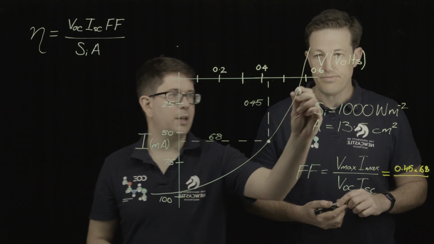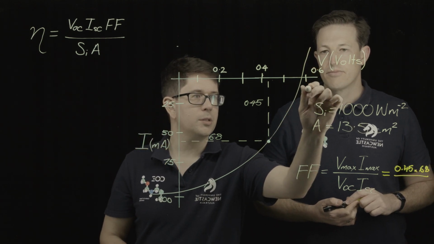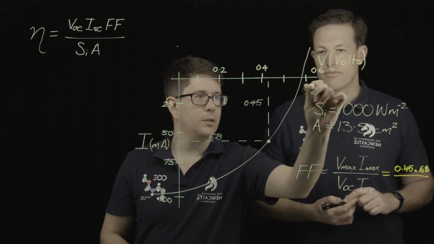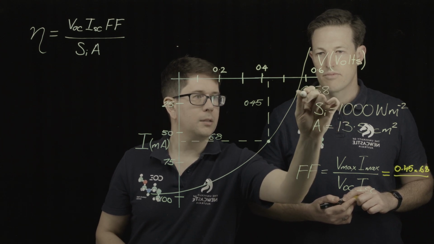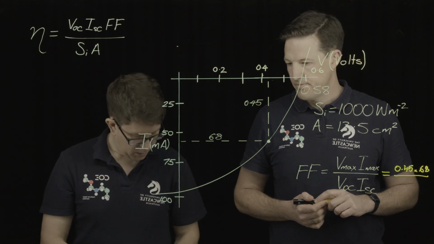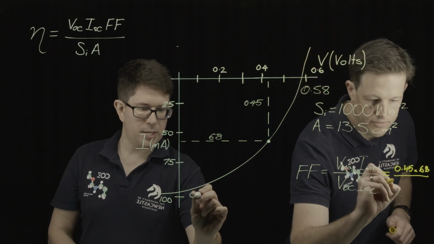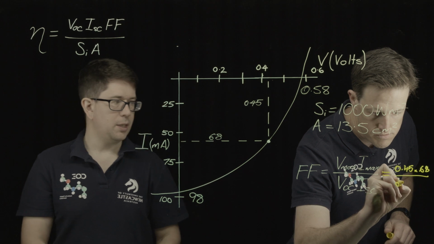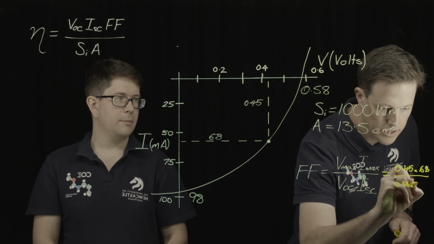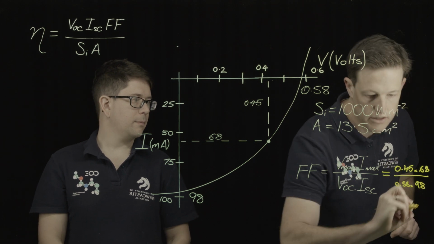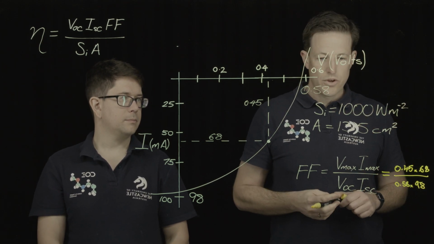For this curve, our VOC was 0.58, and it was an ISC of 98 milliamps. All right, so let's put those in here. 98. Okay, so we've got those numbers in there.